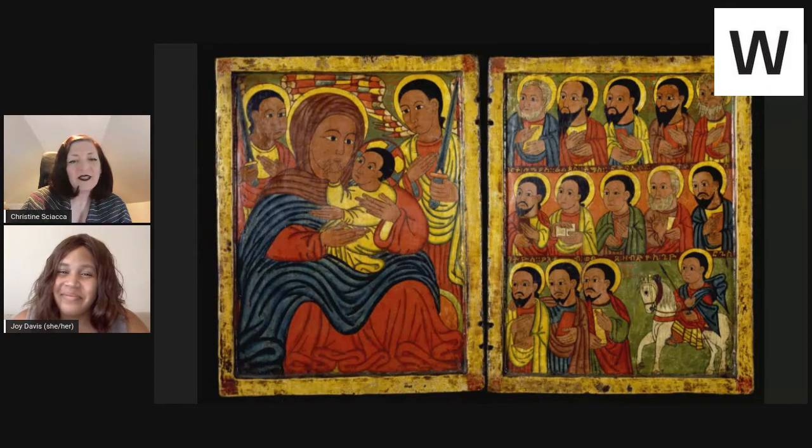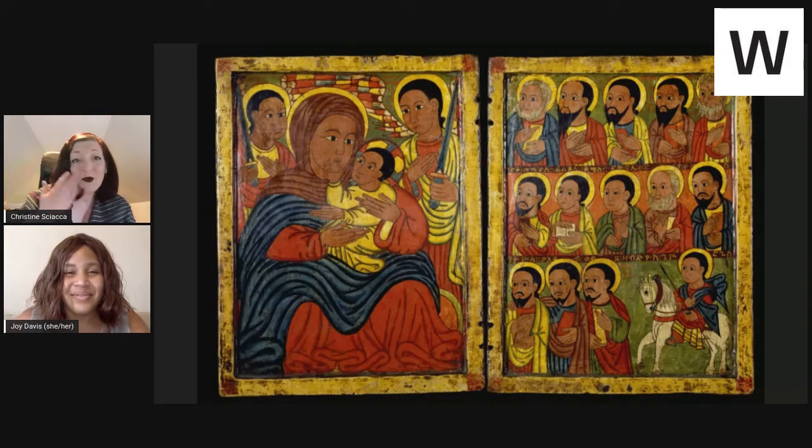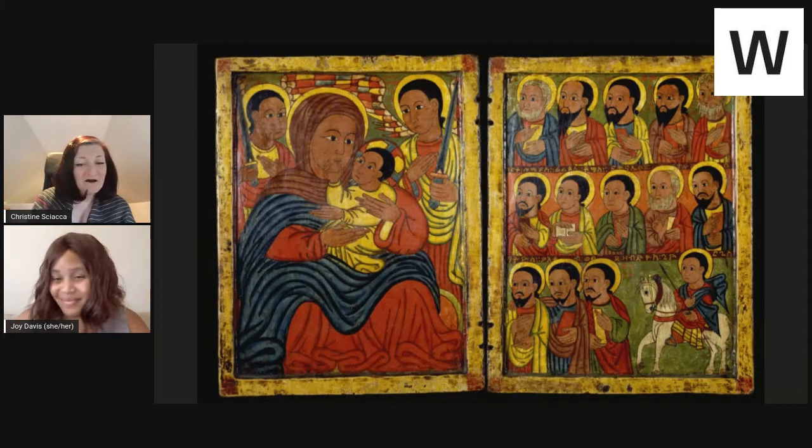And it depicts in the left wing the Virgin Mary, the mother of Jesus, with Jesus. And on the right-hand side, a series of apostles and saints who turn towards Mary and Christ in adoration. And this diptych comes from Ethiopia. So that's what we're going to be talking about today.